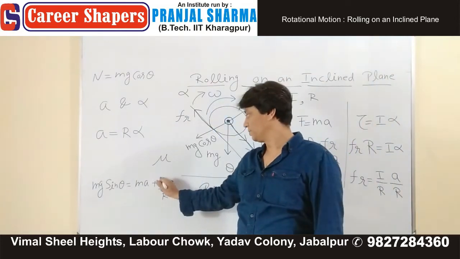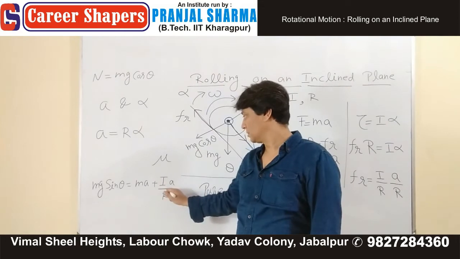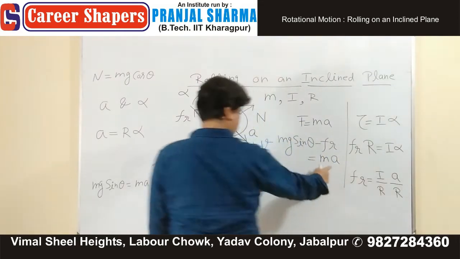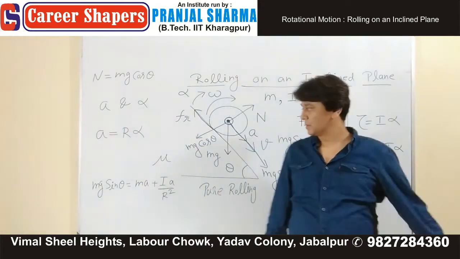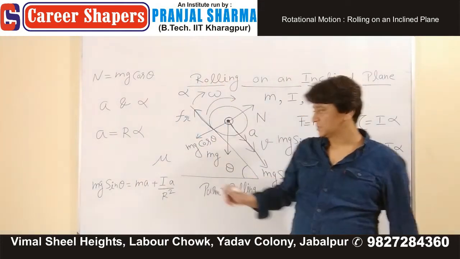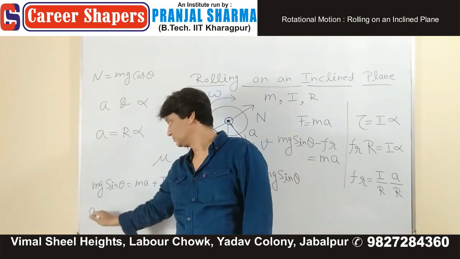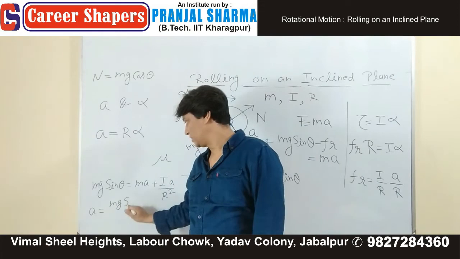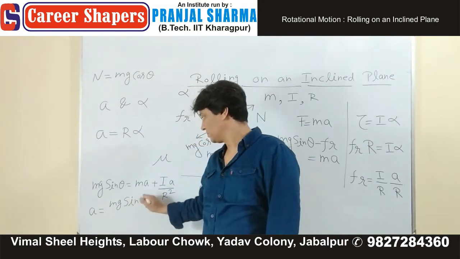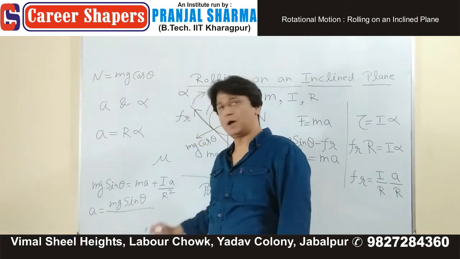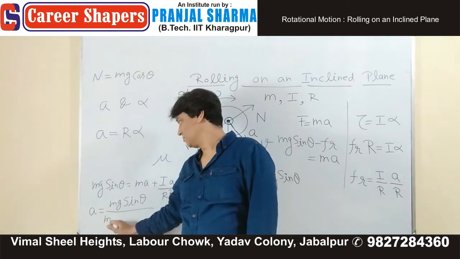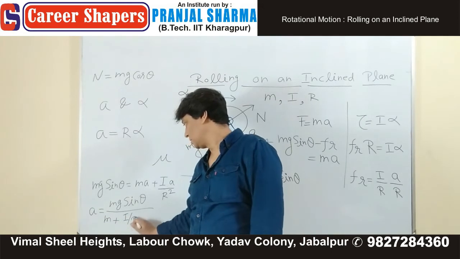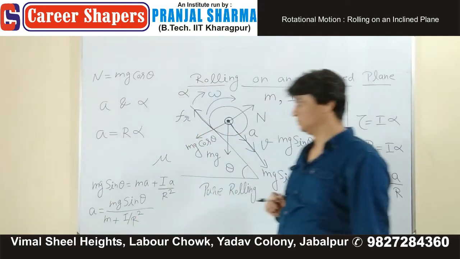I a divided by r square. Which gives us a as what? mg sin theta all divided by m plus I upon r square.